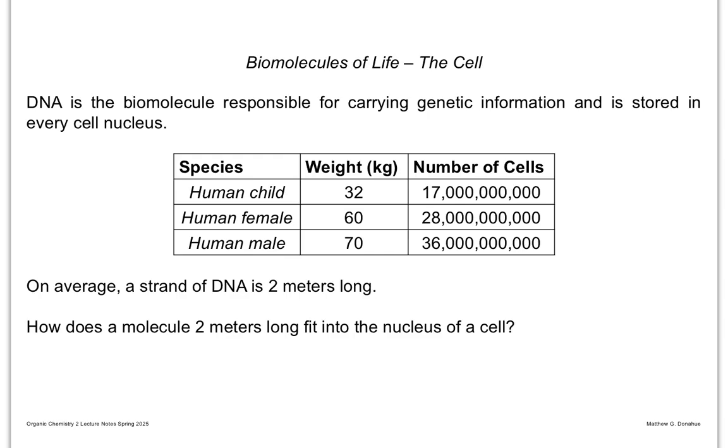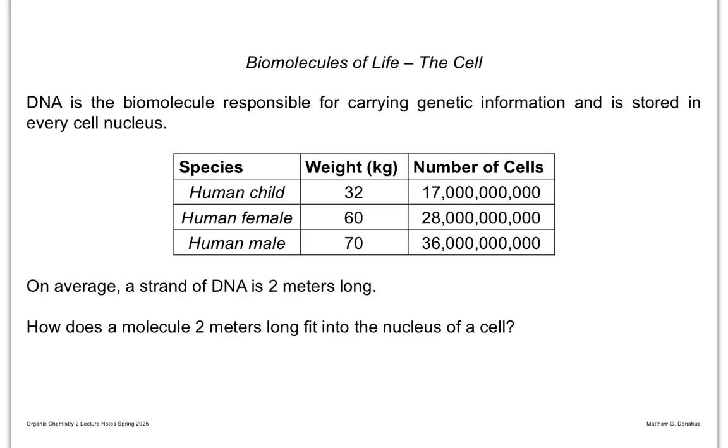DNA is a biomolecule responsible for carrying genetic information, and it's stored in every cell. Here are some facts. For a human child, female and male, at those average weights, there's an average number of cells. So we're into what, millions, billions, trillions?